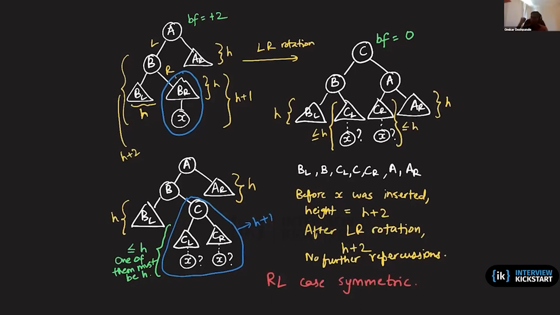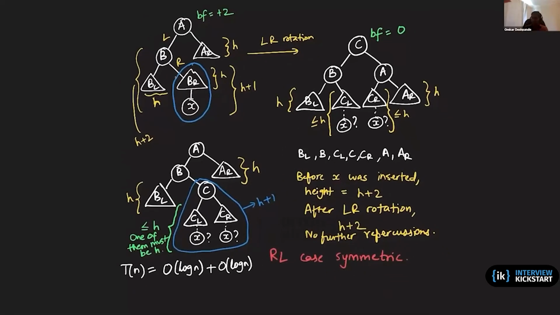So overall, the time complexity for insertion is order log n: order log n for the downward search plus the insertion, plus order log n while coming up and fixing the branching factors and doing the rotation once at most, after which we stop.